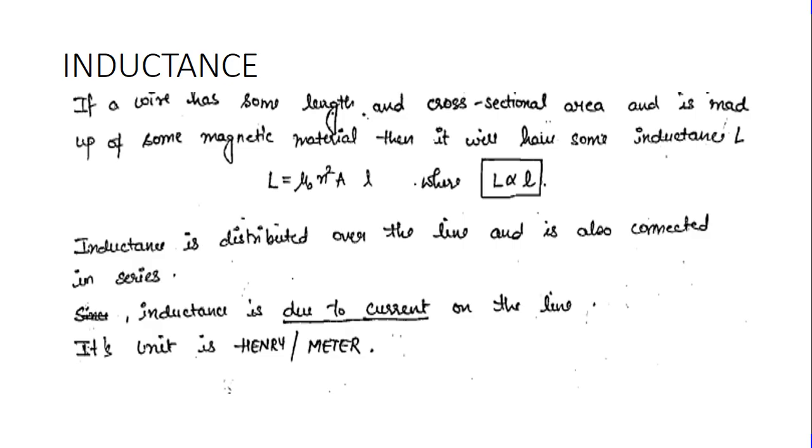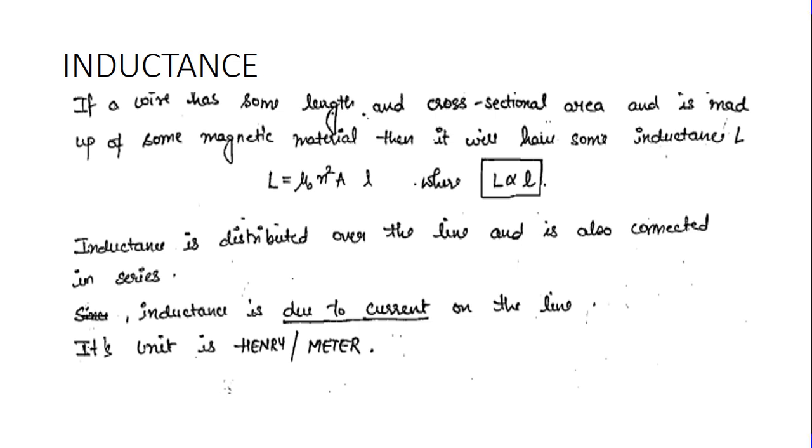Then the inductance. As we know, if the conducting material has a certain length and cross sectional area, it will definitely possess some inductance, and that inductance will depend upon the length and the cross sectional area of the material.